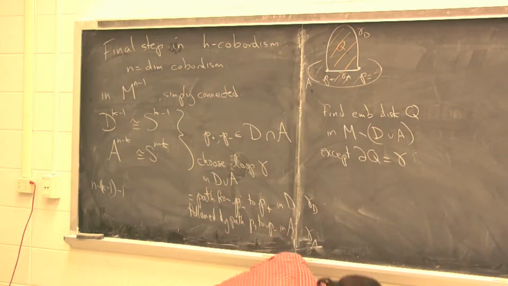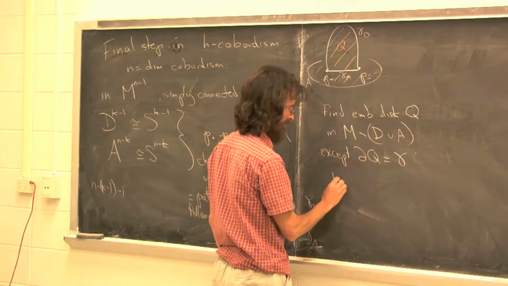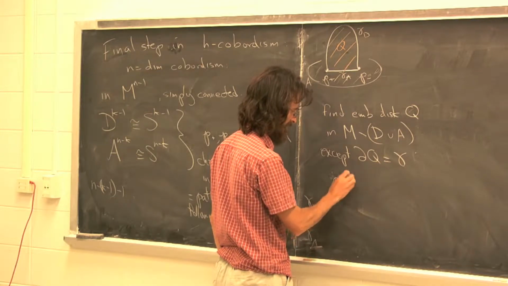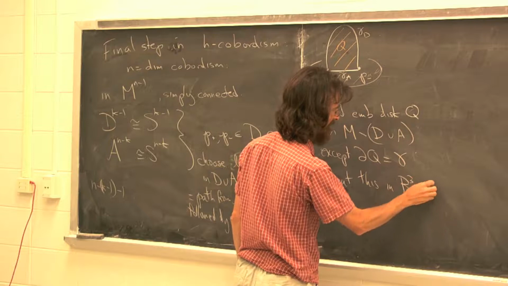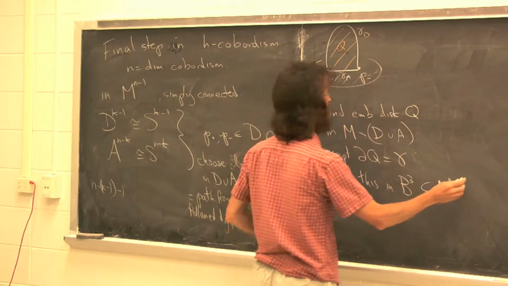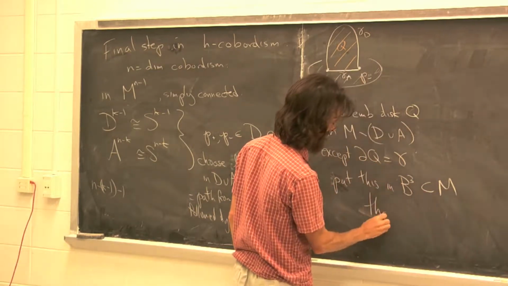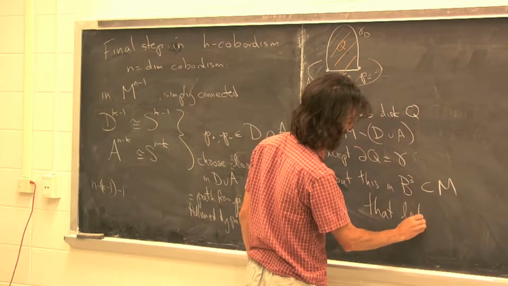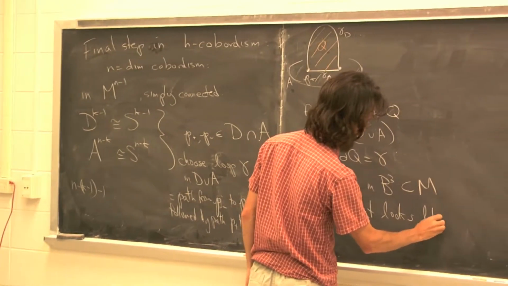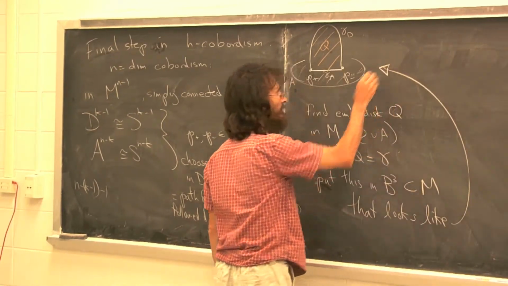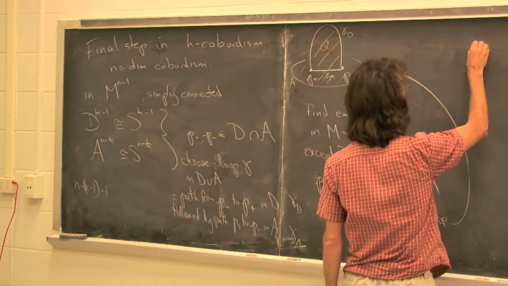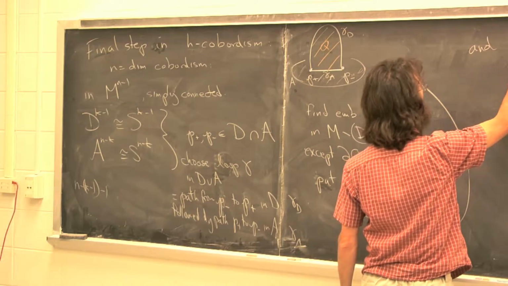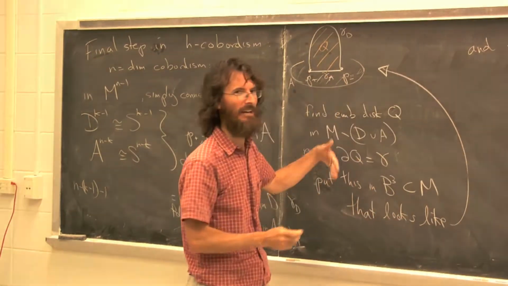So put this in a D3 inside M. It looks like this, everything just exactly like that, and then do the obvious isotopy, which you can think of either as pulling gamma down or moving A up.